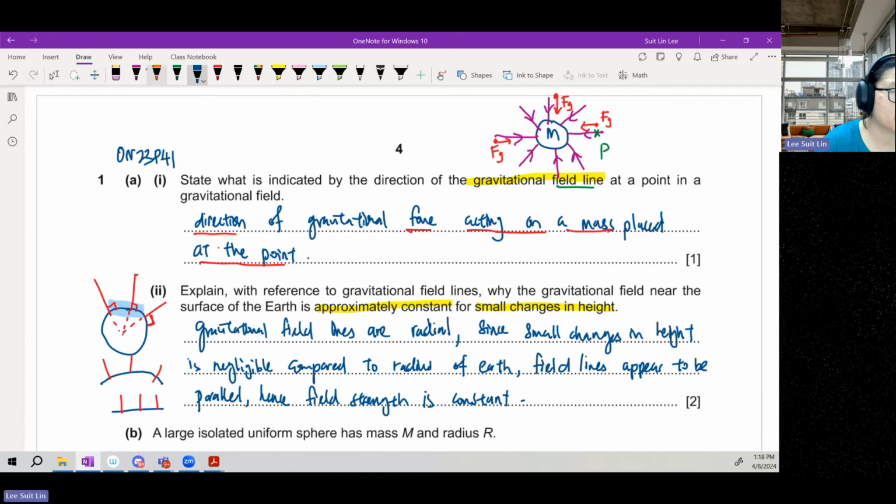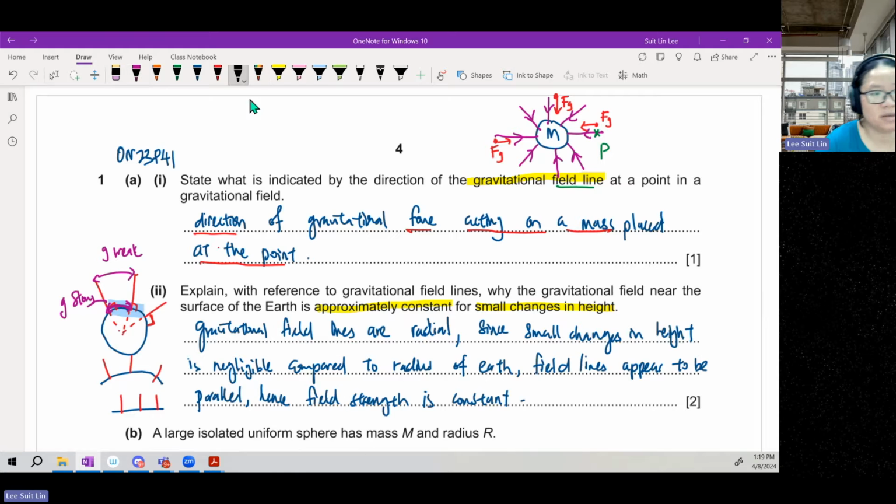Okay, because the gap between the lines tells me how strong the field is. So when the gap is far, the gravitational field is weak. When the gap is closer, let's say close to the surface, the gravitational field is strong. But if the gap is the same and they are parallel, then the gravitational field strength is constant.